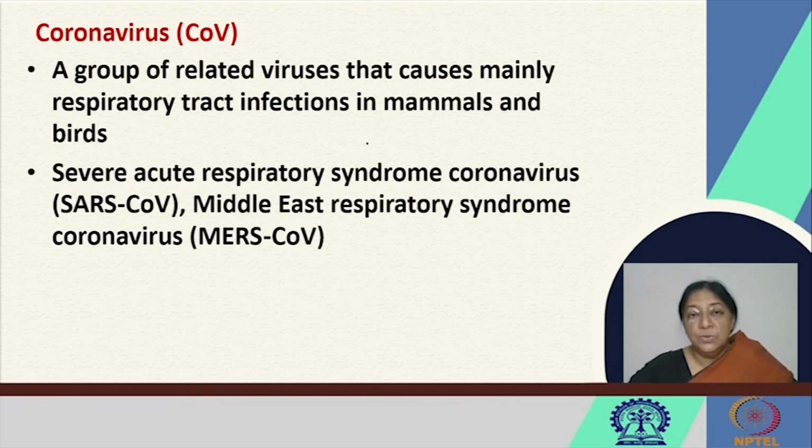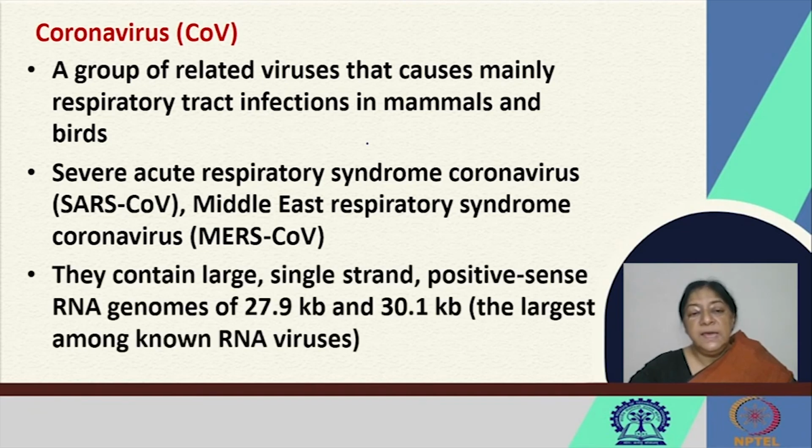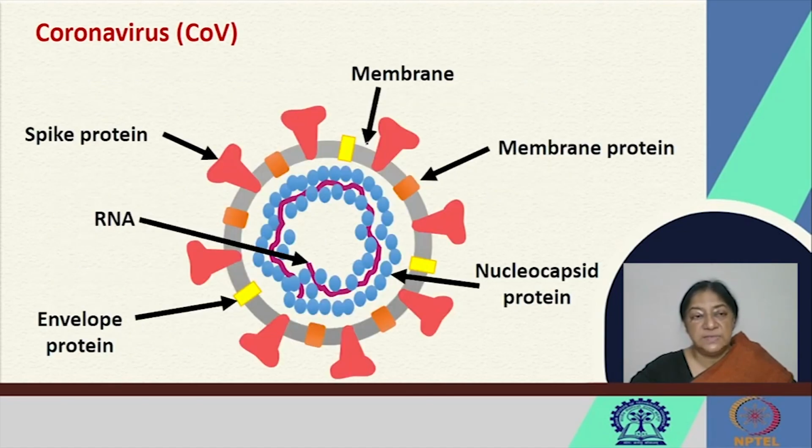The diseases known are the severe acute respiratory syndrome coronavirus, the SARS-CoV, the SARS-CoV-2 that we have now as well, the Middle East respiratory syndrome coronavirus, the MERS-CoV. They contain very large single-strand positive sense RNA genomes of the order of 27.9 and 30.1 kilobases, which are the largest among the known RNA viruses.